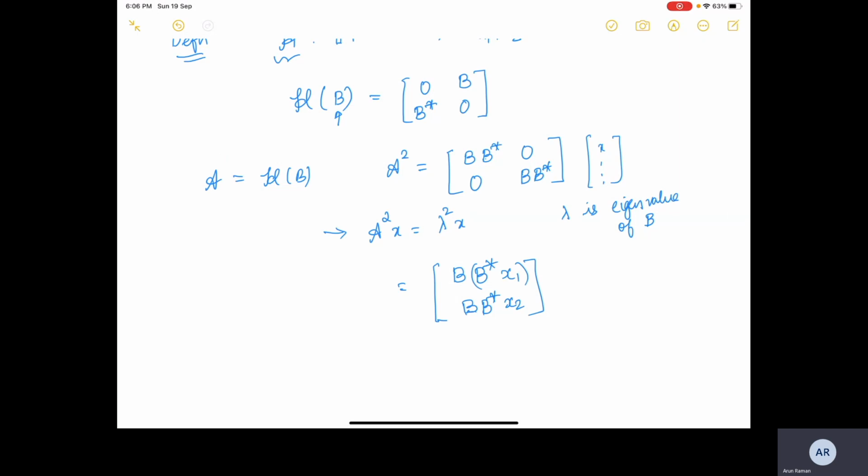If lambda is the eigenvalue of B, then B* x1 will give us again lambda times something, and B x2 will also give us lambda times something. Then when we again multiply by B, we will have lambda squared of this.